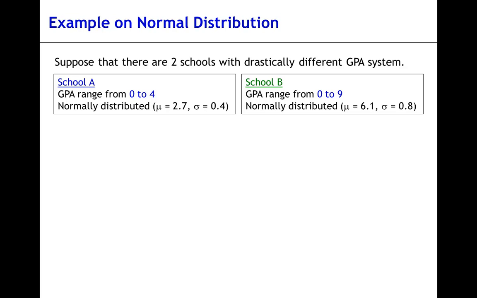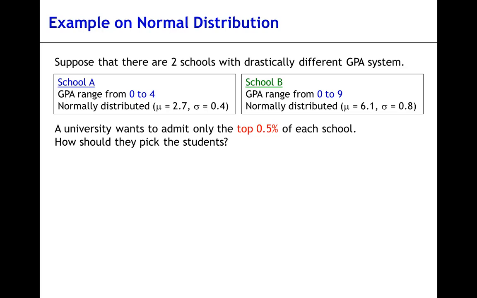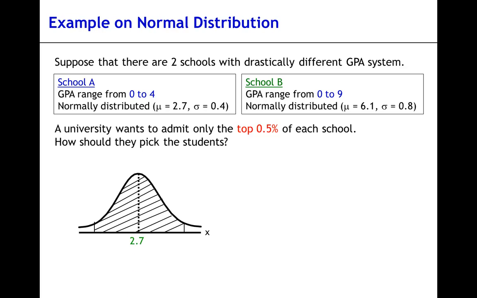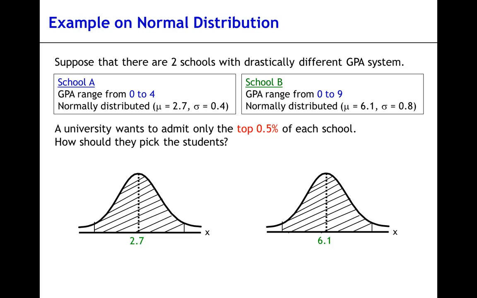A university wants to admit only the top 0.5% of each school. How should they pick the students? Here's the normal curve for school A with a mean of 2.7. And here's the normal curve for school B with a mean of 6.1.